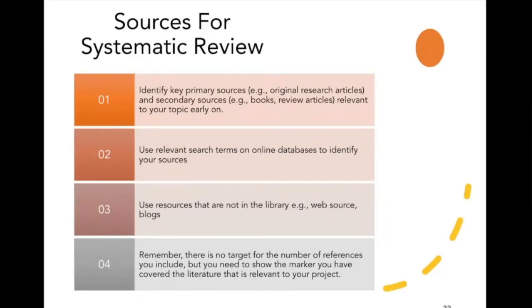So you can do search terms like that. If you don't understand that, I will introduce it in writing SLR part 1. I will also include how to do search terms on online databases, okay?